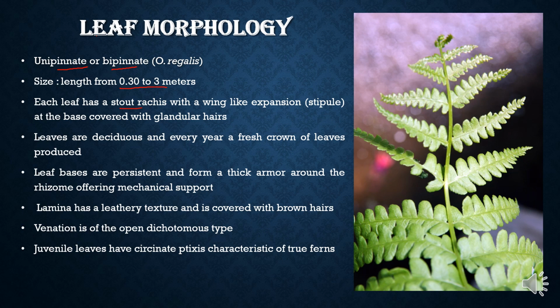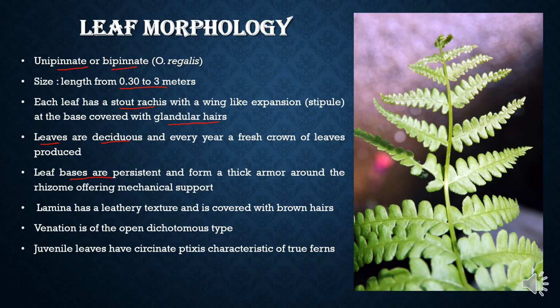The leaf consists of a rachis and the pinna, and the rachis is covered by glandular hairs, which is common in many of the ferns. The rachis is covered with glandular hair. About the leaf, we have said earlier that during the dry season the leaf turns deciduous and the rhizome remains dormant.